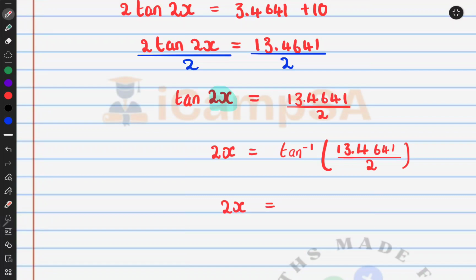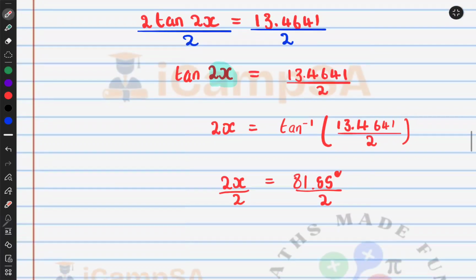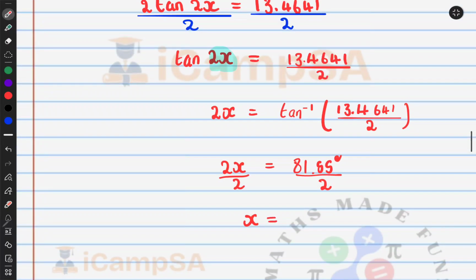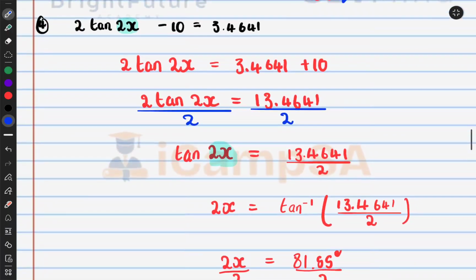Therefore 2x is equal to 81.55 degrees. We divide by 2 on both sides. Therefore x is equal to 40.778, so 40.78 degrees. That's the value of x. And that is how you solve for x with equations that include trigonometric ratios.